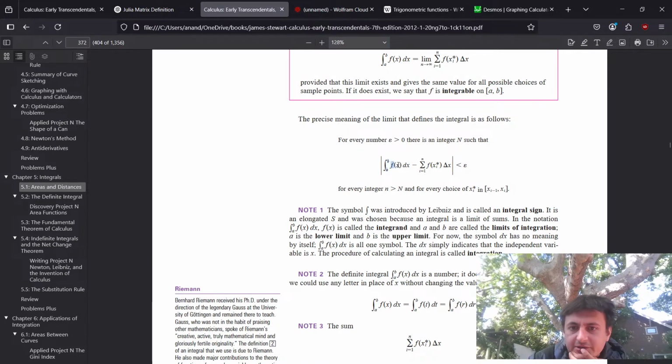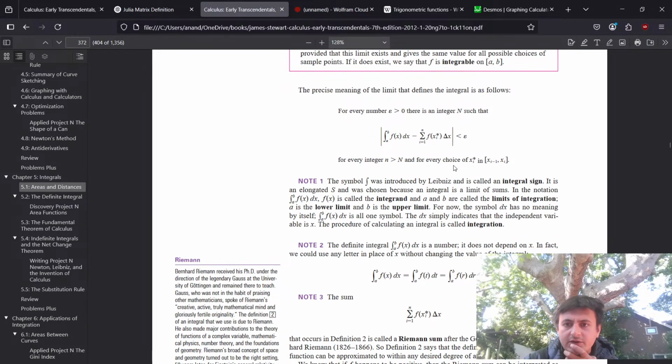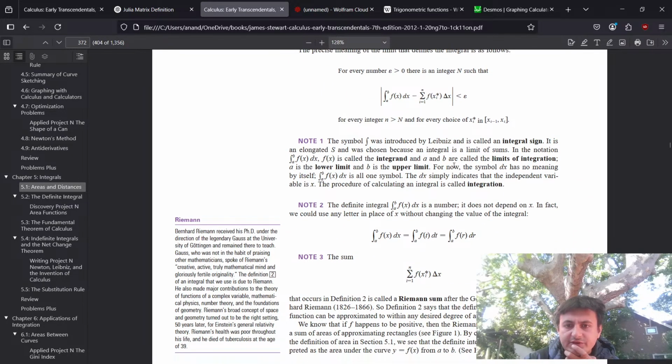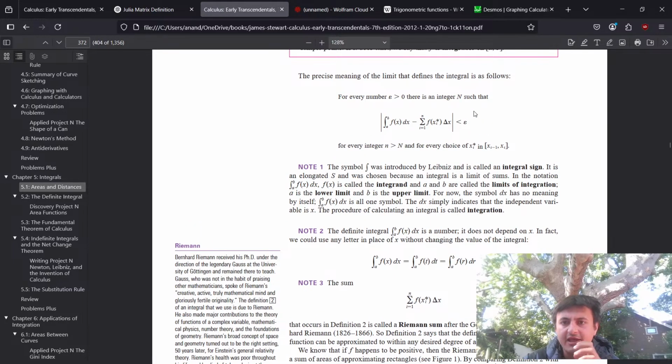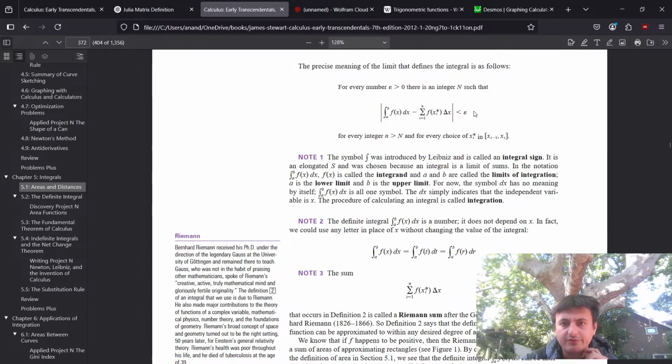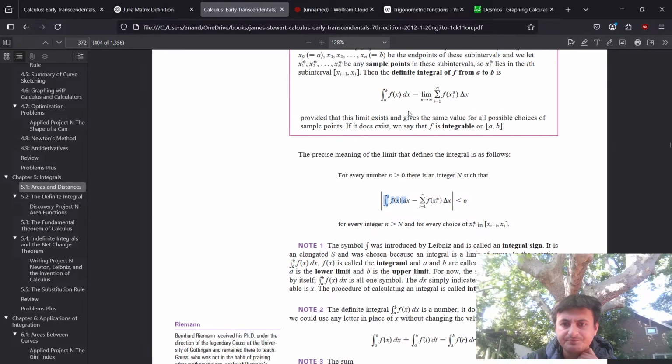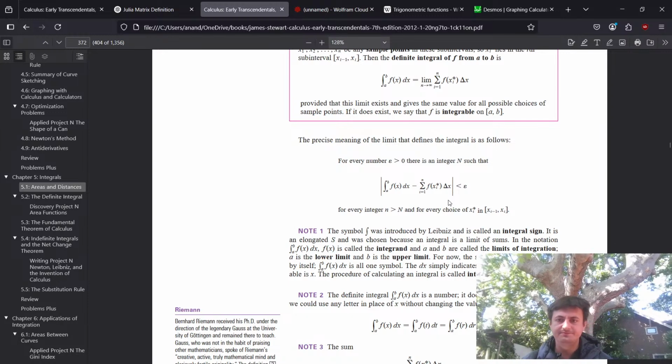Right. Oh, this is very cool. Yes. This is the delta-epsilon type thing. It's basically saying that n allows you to control the difference between the actual value and, anyways, it just says that it converges.